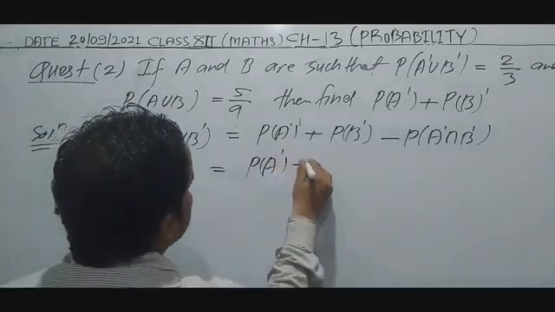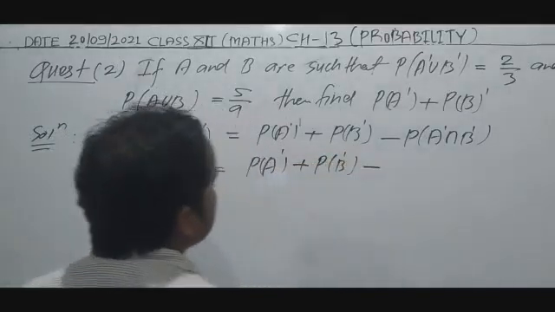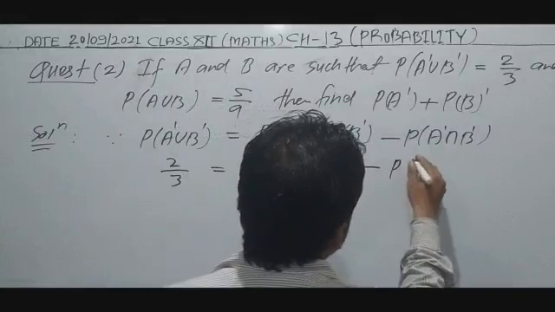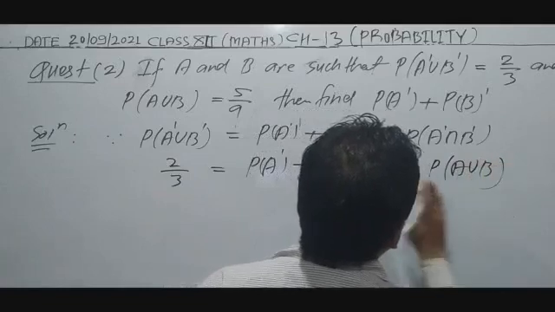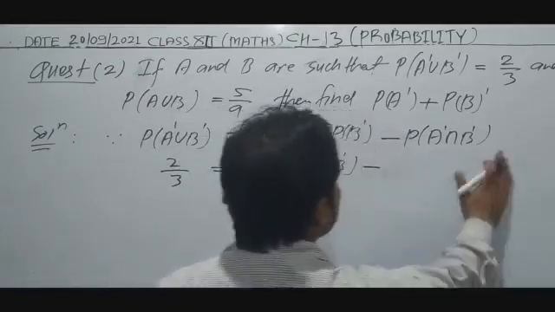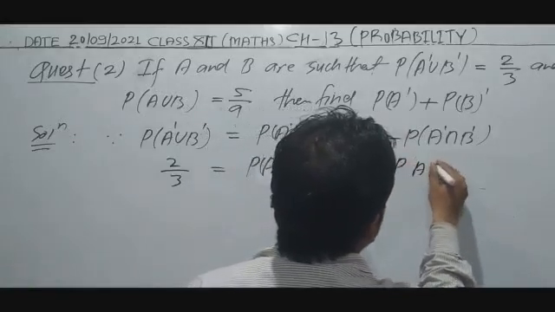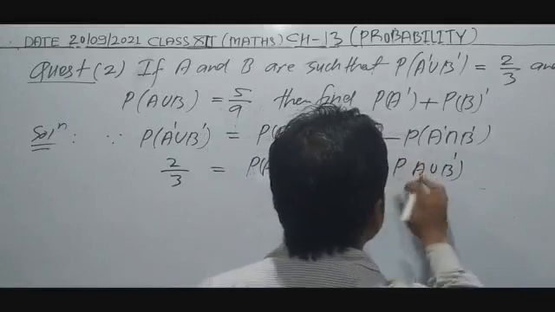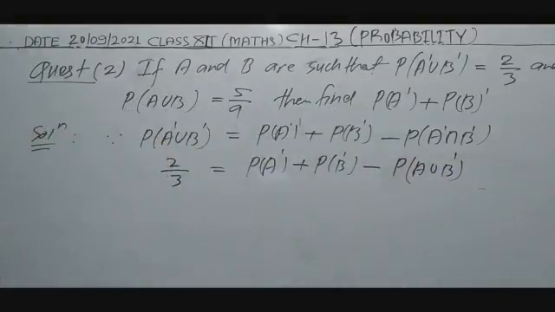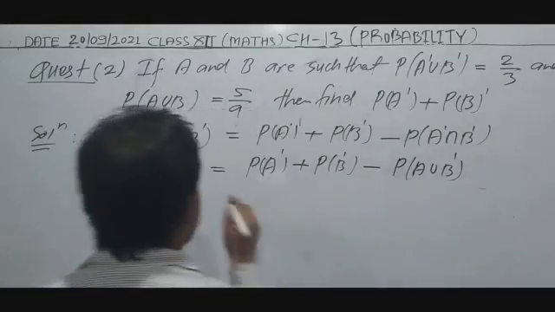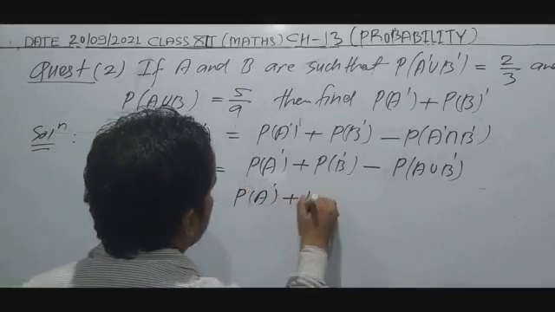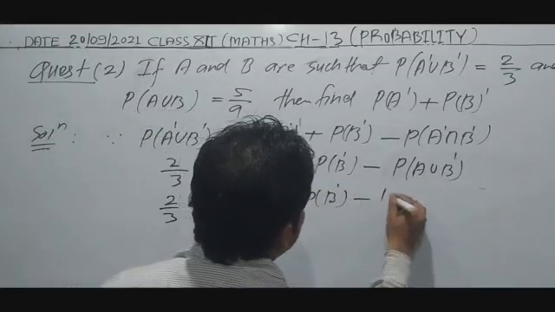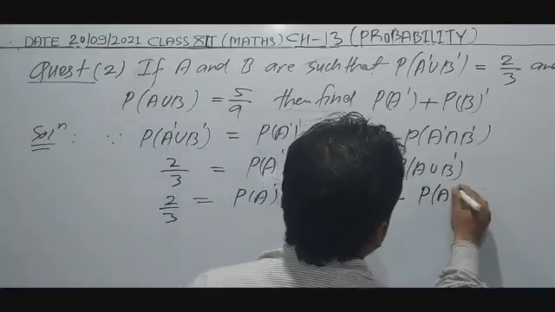Now probability of A complement intersection B complement we can write as the complement of A union B, which is 1 minus probability of A union B. So 2 by 3 is equal to probability of A complement plus probability of B complement minus 1 plus probability of A union B.